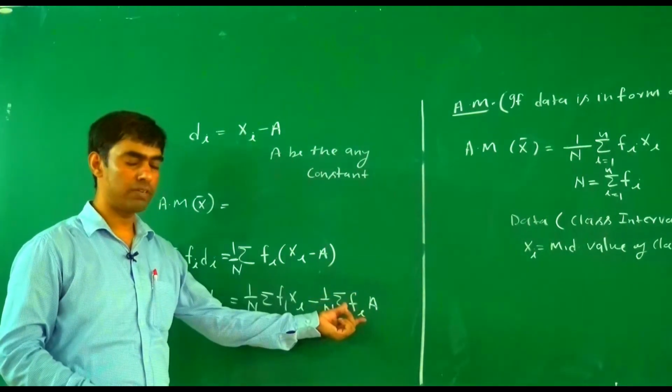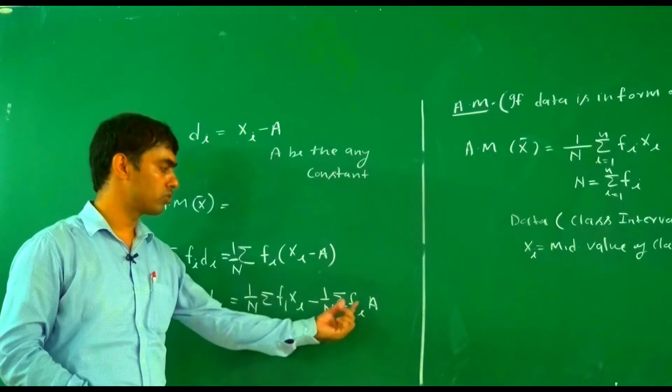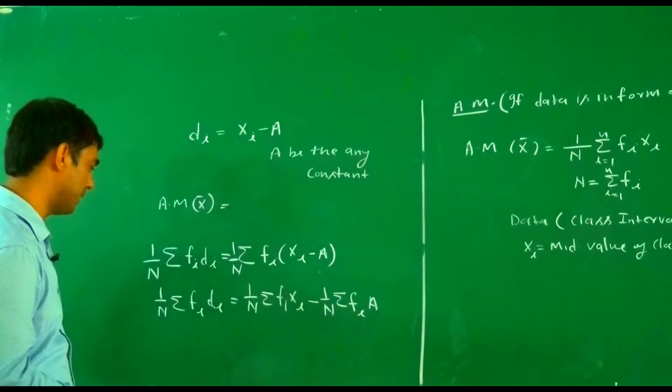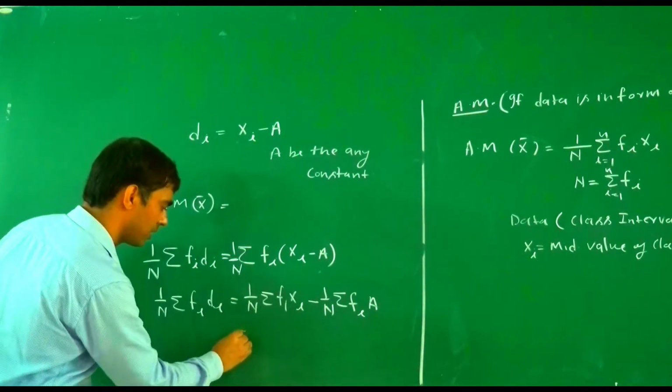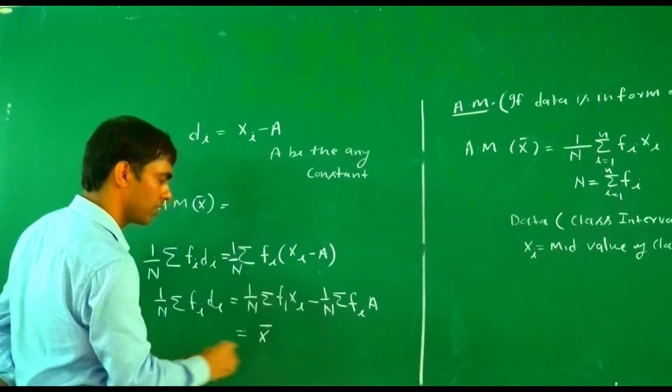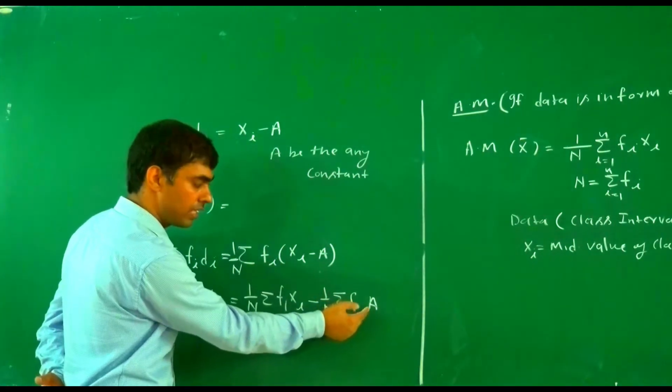What is the value of summation of fi? Summation of fi is N, so capital N cancels out. So this one becomes a, and this one is x bar. So this one is x bar, and this one is minus summation of fi times the constant a.